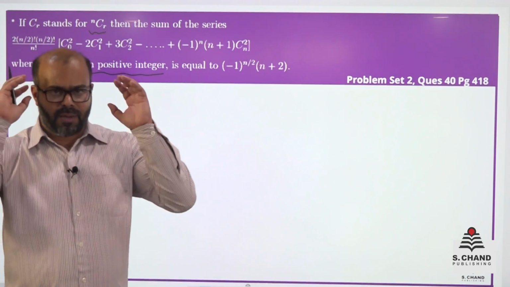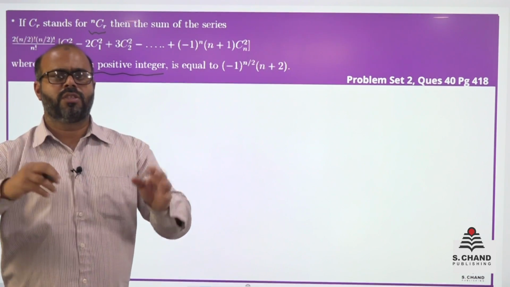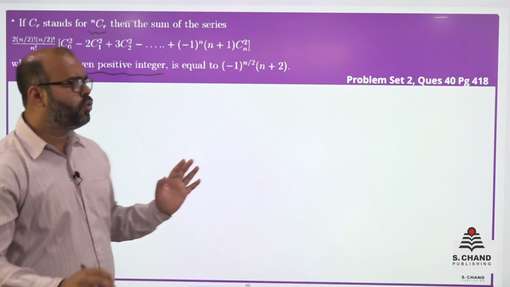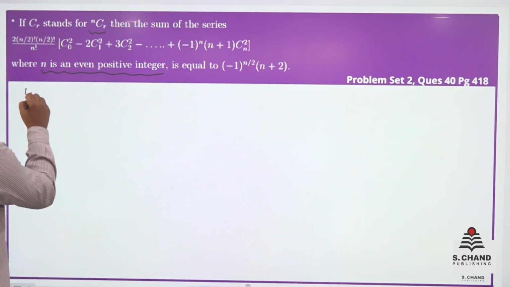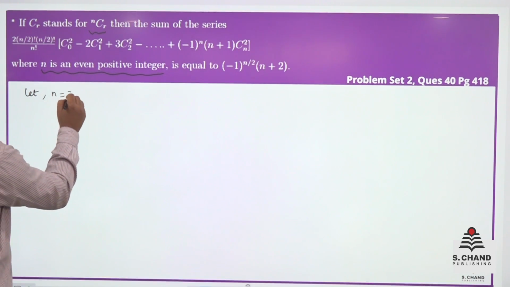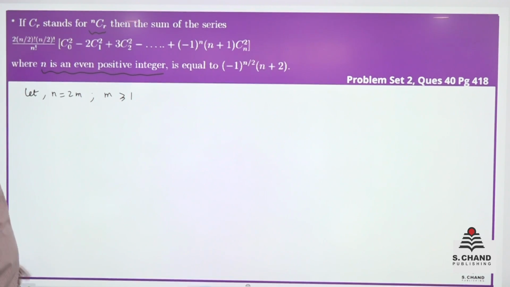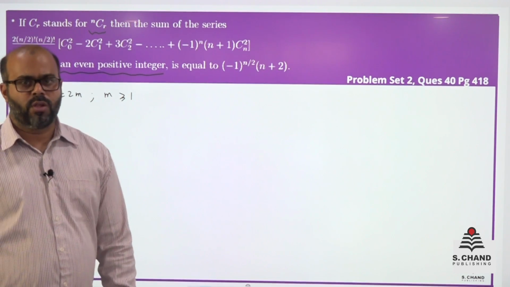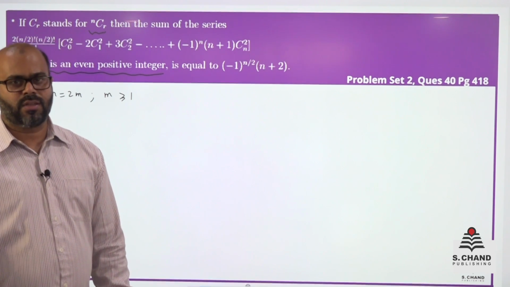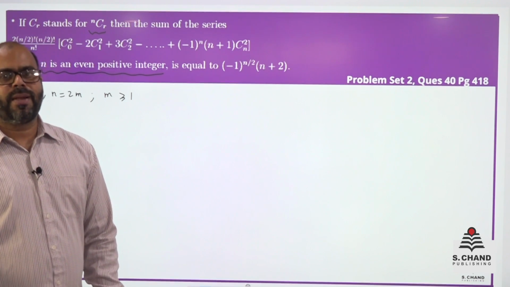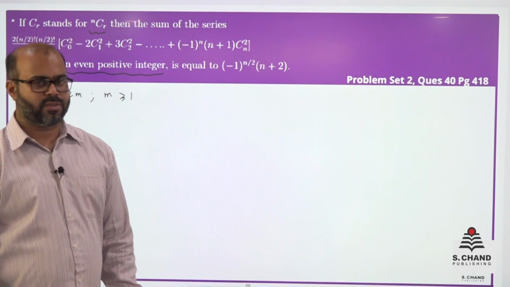Not always keeping in mind that n is even or n is odd, just put it in the question. So when you solve, let n be written as 2m, where m is greater than or equal to 1, so n is greater than or equal to 2. It can be 2, 4, 6, 8, 10, 12, and so on, depending on m being 1, 2, 3, 4, 5, 6, and so on.